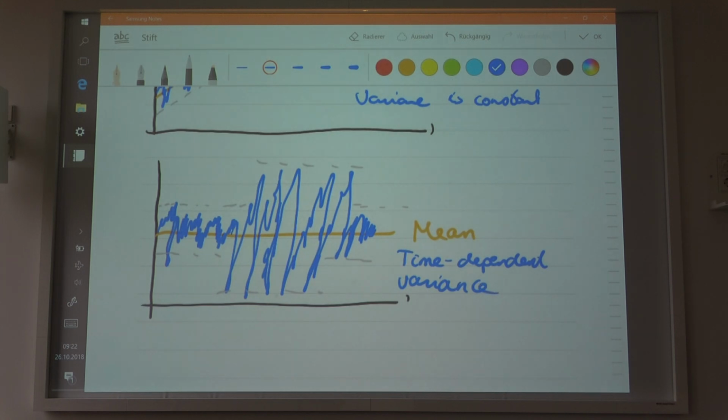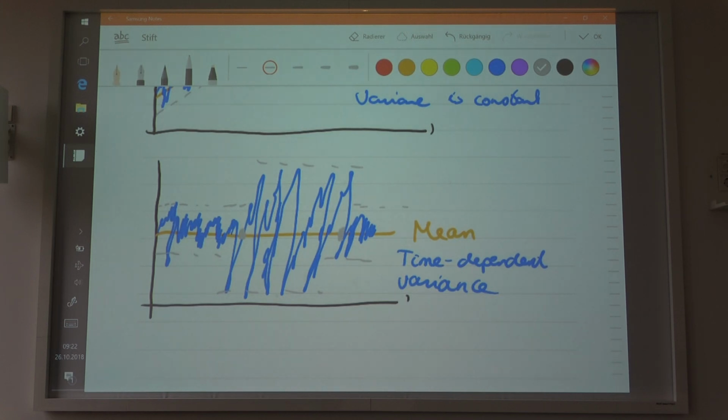So then you still no longer have a stationary process, because the variance depends on time. Between these two observation points, the variance tends to be a little larger than usual. That is an example, and again you don't have a stationary process.